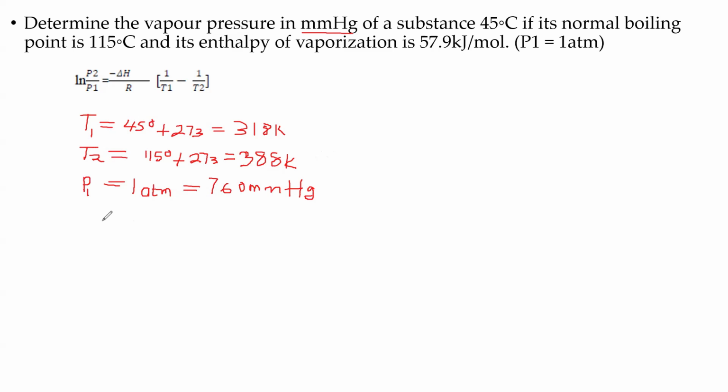Therefore, we are now going to use the formula. P1 is known and P2 is unknown. So we say ln(P2/P1), with P1 being 760 millimeters of mercury, is equal to our ΔH, which is 57.9.